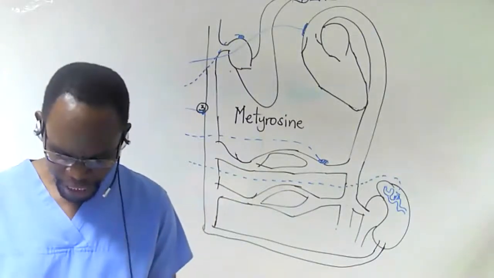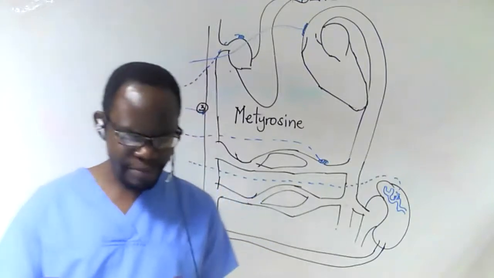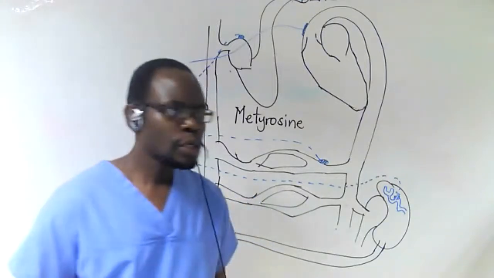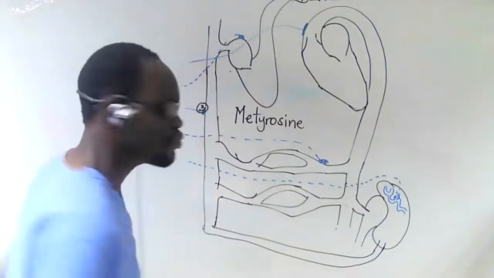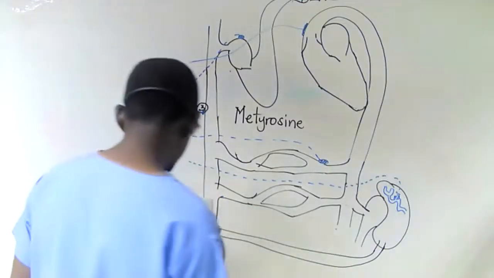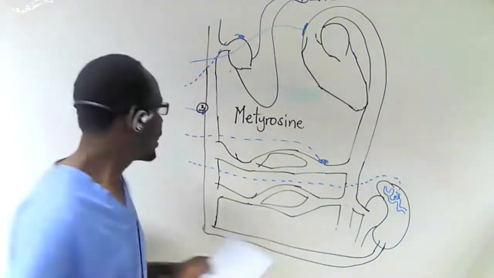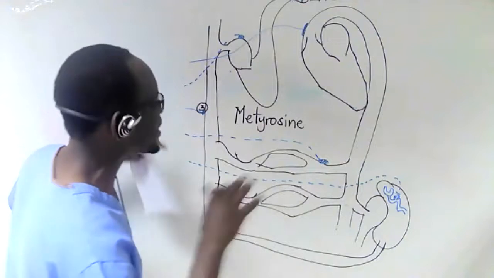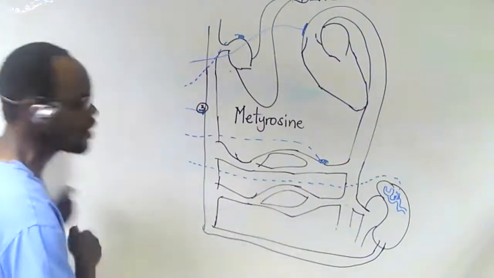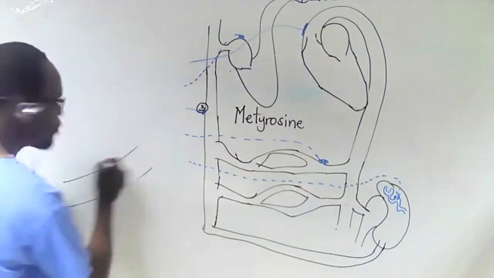When we talk about adrenergic receptor blockers, when norepinephrine is released, it acts on the effector organs, because there are receptors there.